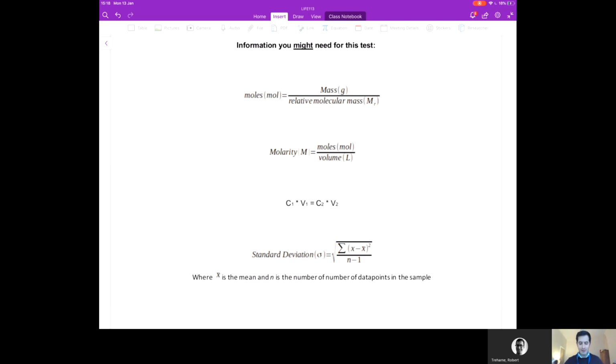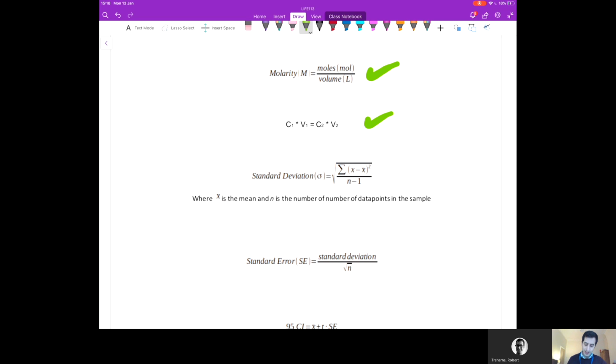So, information you might need. We've got how to calculate the number of moles in a substance if you know the mass in grams. How to calculate molarity. I've told you how to do that. This is obviously an important one: your C1V1 equals C2V2 if you're doing a serial dilution.